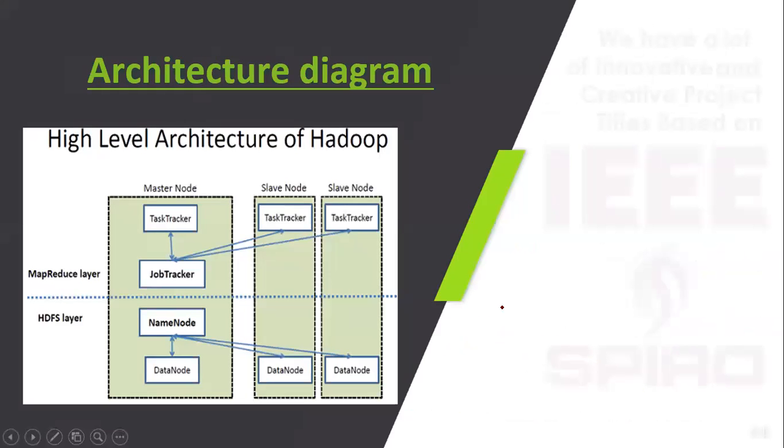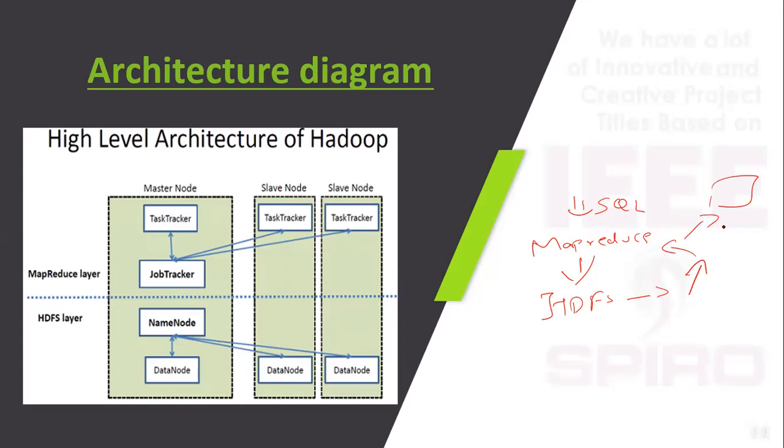This is the architecture. Once we give the SQL, that is any queries, it will go to the MapReduce layer where it will get processed, and the resulting data will go to the HDFS to take out the result, and it will go again to MapReduce, and it will be displayed as the result.